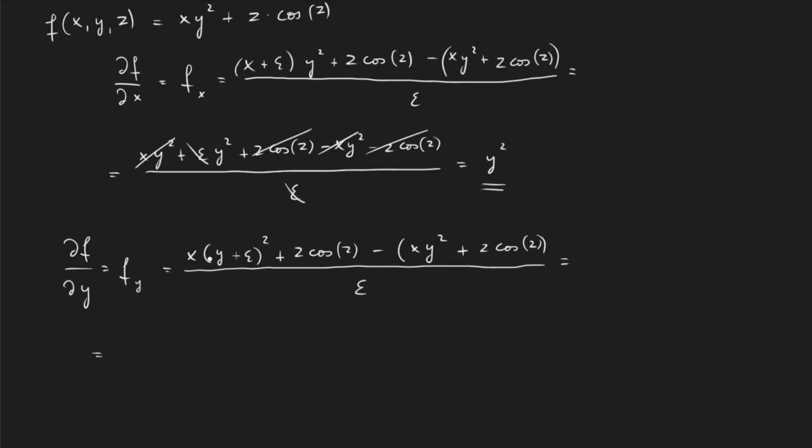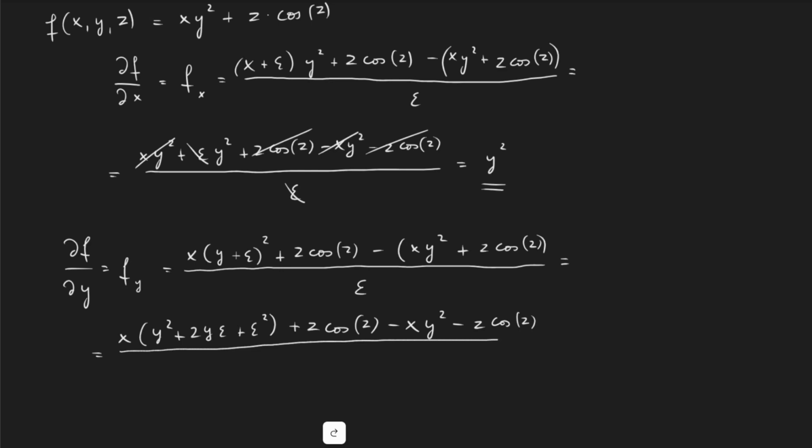And we have here a squared expression which can be written as y squared plus 2y epsilon plus epsilon squared. And yeah, we will just write out all the other expressions, but we will multiply by this negative one, so minus xy squared minus z times cosine z, and divided by epsilon.